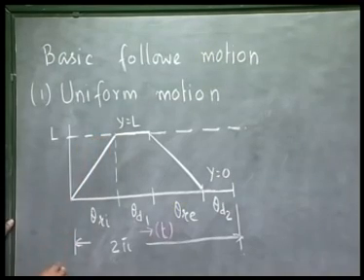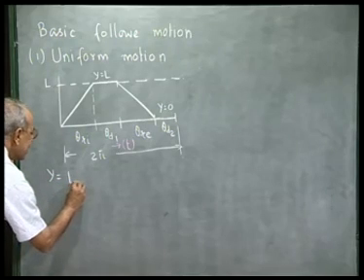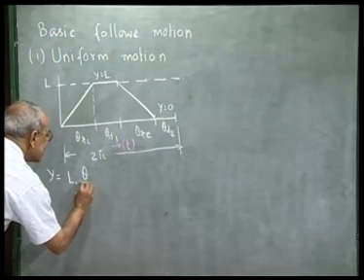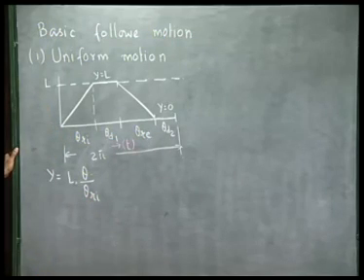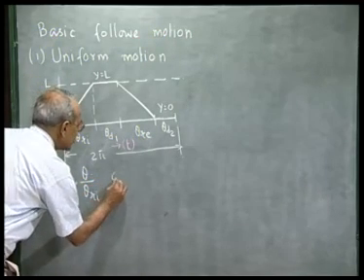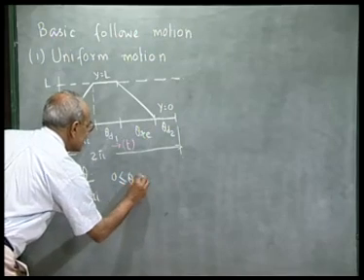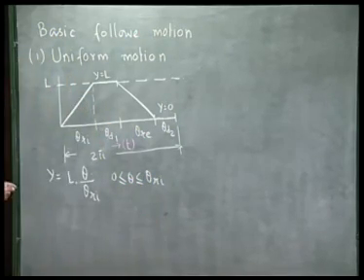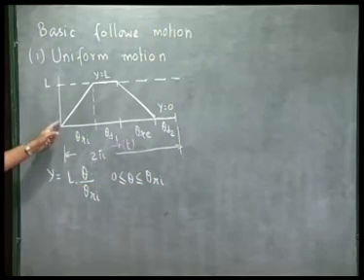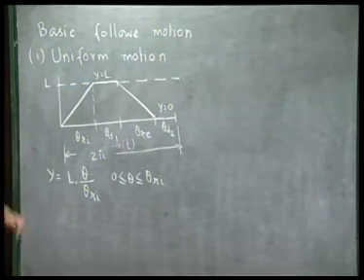During the rise period, we can write simply y equal to L into theta by theta Ri. This is valid for 0 less than theta less than theta Ri. This is the analytical expression for the same follower movement.